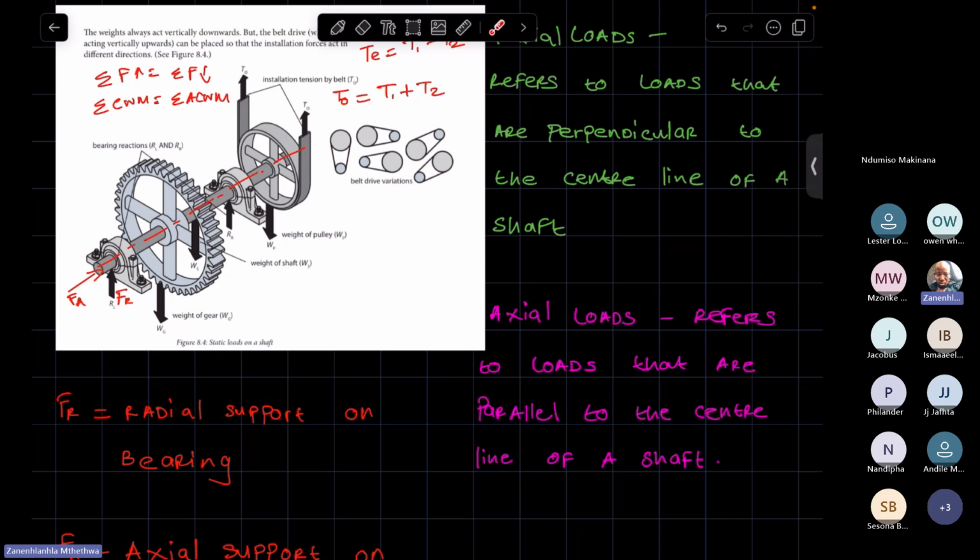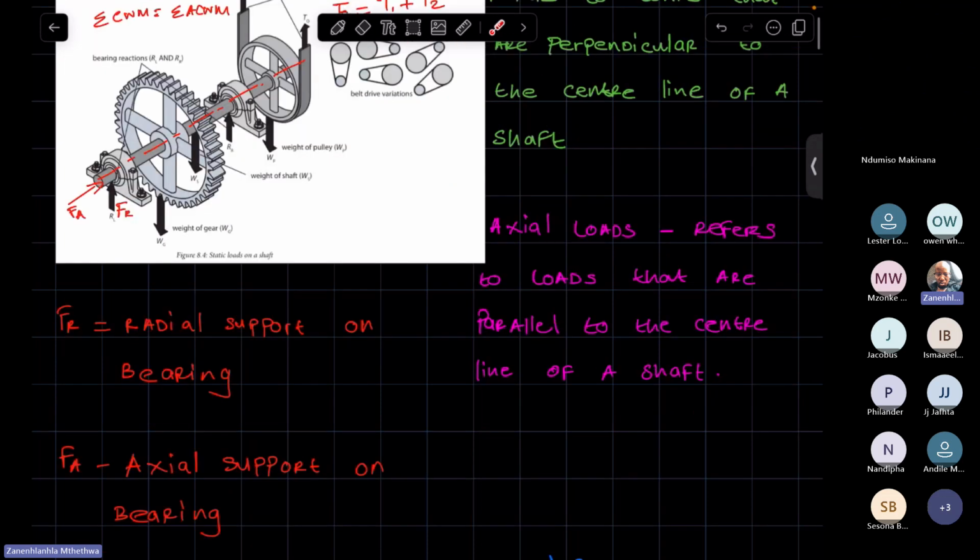Now we've covered which forces to consider when looking at a belt drive, and then forces to consider when looking at a gear wheel, the forces that meshing gears are subjected to when they are in mesh. So depending on the forces we're about to speak about, depending on which one is perpendicular to the line of action here, that is the one you use in applying conditions of equilibrium.